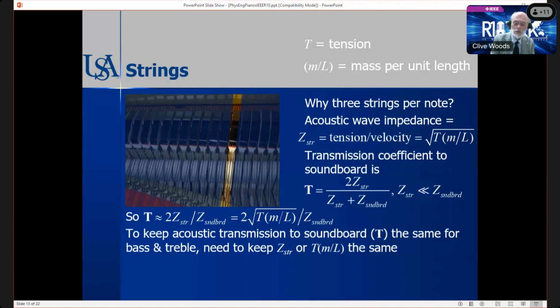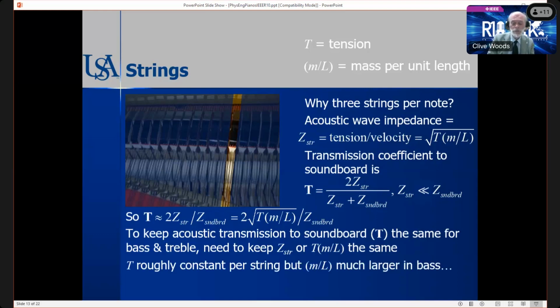Otherwise it's going to vary across the scale of the piano. So that's the condition. I need to keep the tension times the linear density the same, but we're going to keep the tension roughly constant per string, otherwise the tone quality changes.